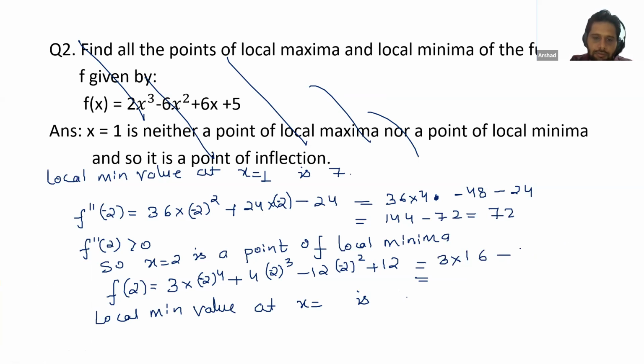Here -4 into 8. Here -12 into 4 plus 12. So 48 minus 32 minus 48 plus 12. Again 48 will cancel out. 32 plus 12 will give us -20. So the value at x is equal to -2 is -20. Okay. Thank you, Nabil, for highlighting this.